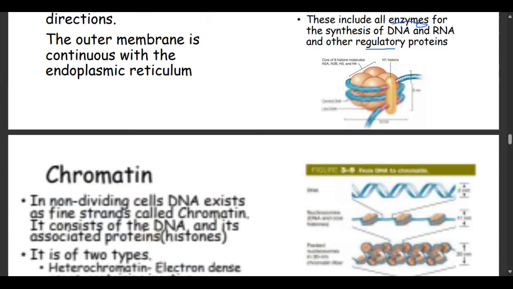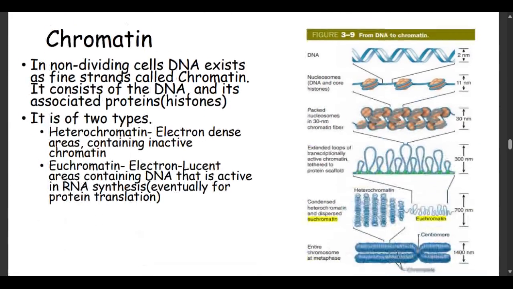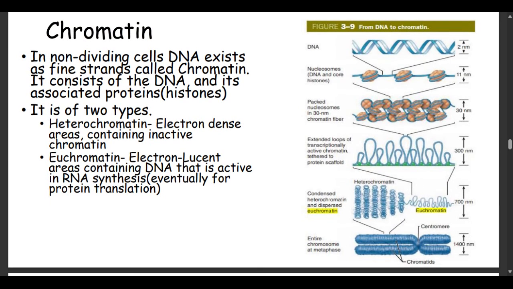Okay, so in the DNA, we also have what is known as chromatin. This will be very important as you are starting cell division and going forward. So chromatin is basically a structural form or structural arrangement of DNA. In non-dividing cells, DNA exists as fine strands called chromatin.